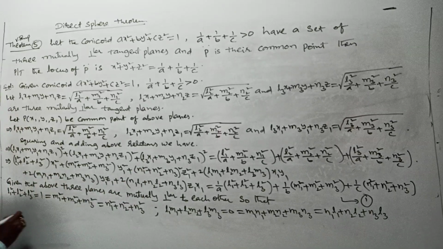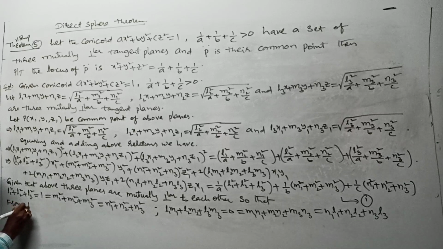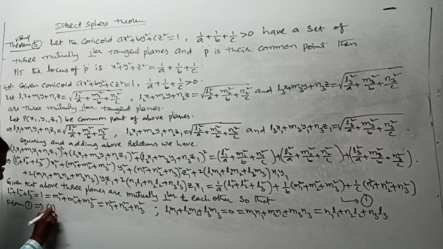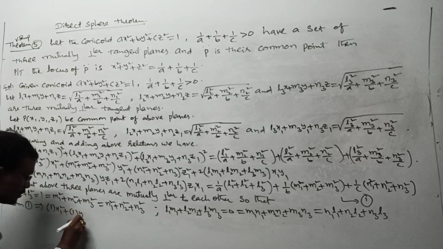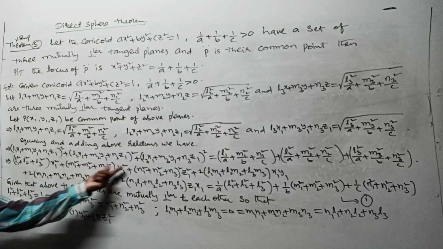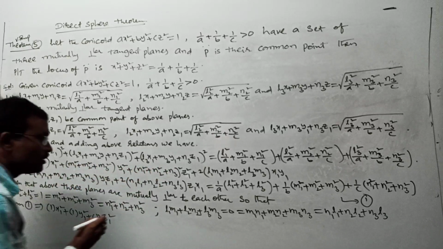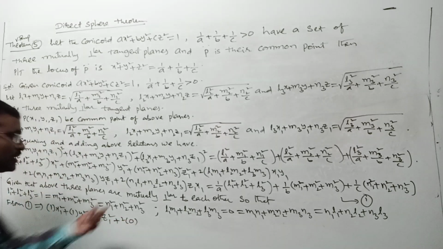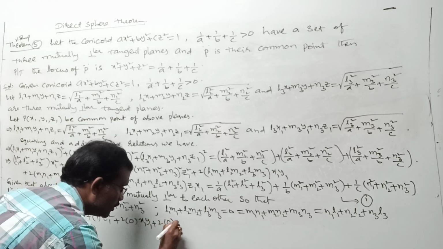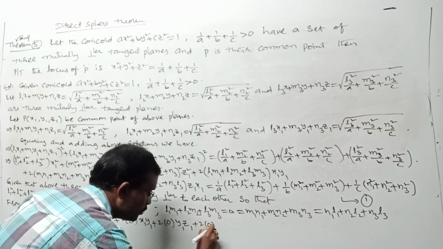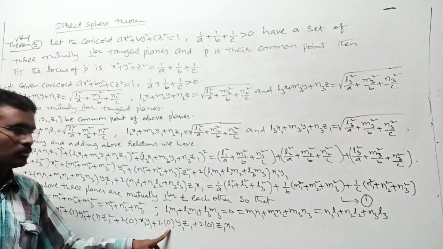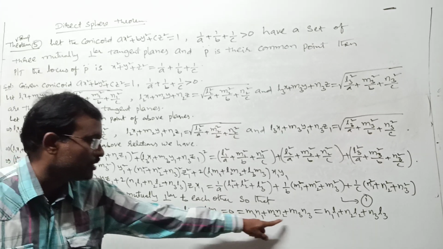From 1 it implies: 1 into x1 square plus 1 into y1 square plus 1 into z1 square, plus 2 into 0 into x1 y1 plus 2 into 0 into y1 z1 plus 2 into 0 into z1 x1, due to this relation.